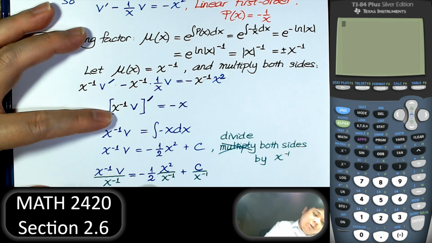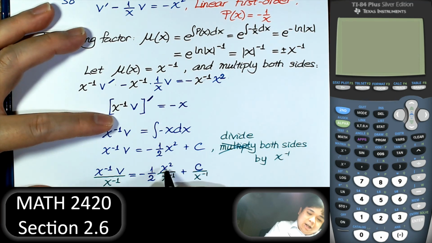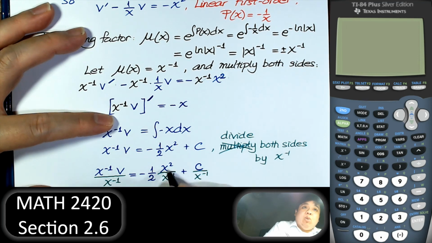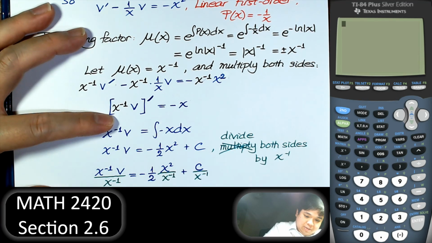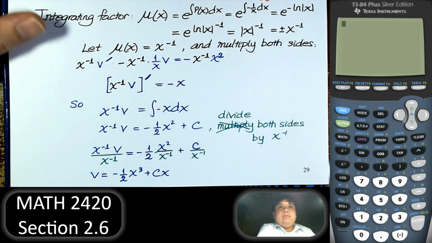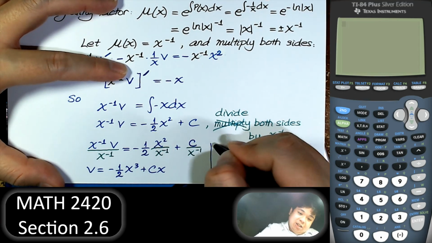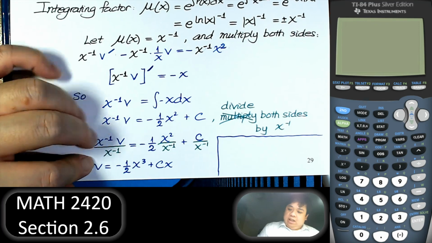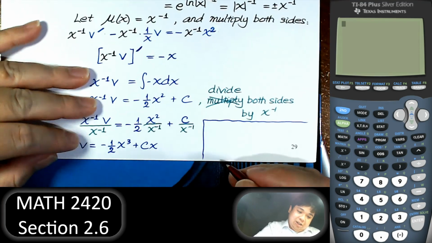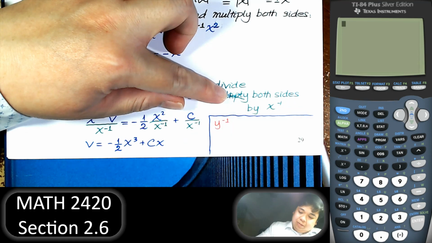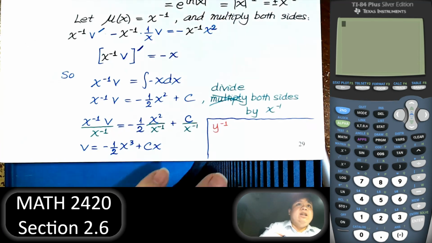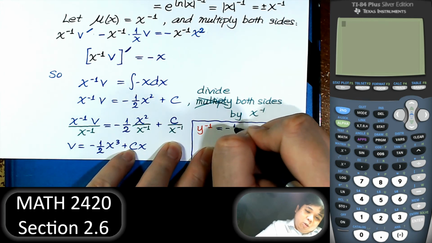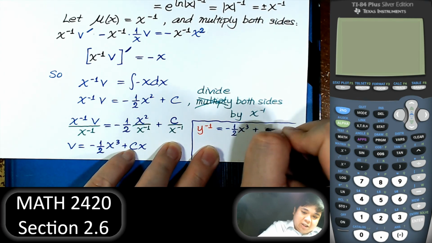So that we have v equal to negative 1/2 x cubed, when we subtract the power 2 minus negative 1, that is 3, and move that up, plus cx. Right, v, finally, what is v? y to negative 1. Substitute that in for v, and so we have negative 1/2 x cubed plus cx.